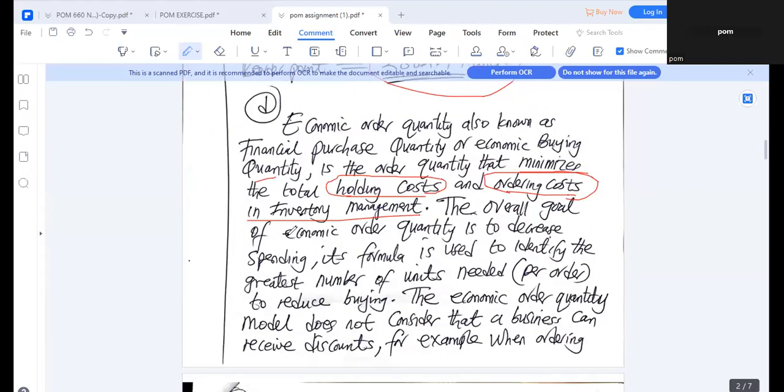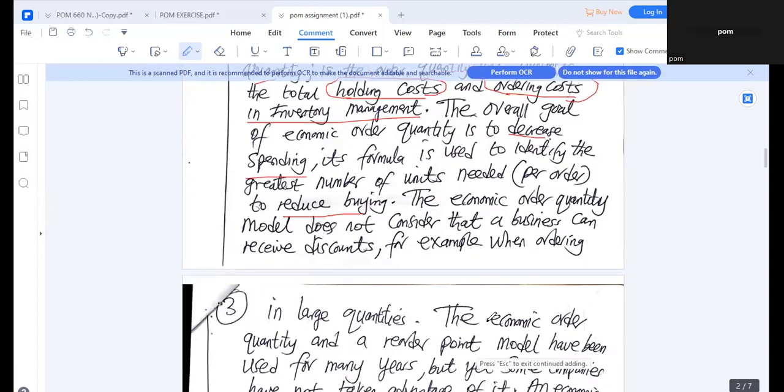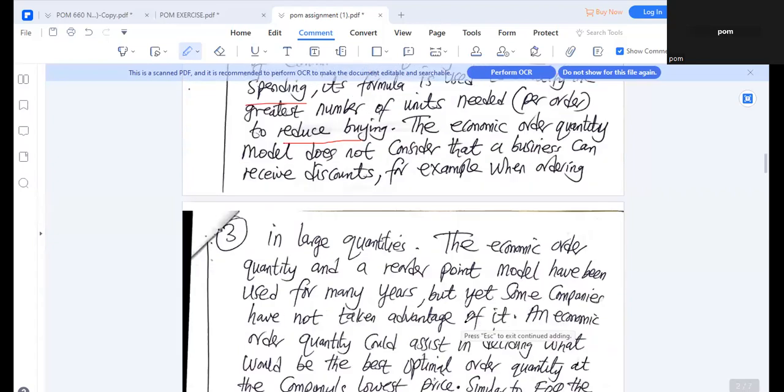The overall goal of economic order quantity is to decrease spending. Its formula is used to identify the greatest number of units needed in order to reduce buying costs. The economic order model does not consider that a business can receive discounts, for example, in ordering large quantities.